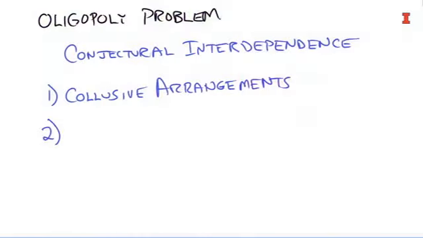And then we're going to talk about something called game theory. Game theory started out as a branch of mathematics. It's a way to mathematically model strategic interaction between players. That's why it's called game theory.